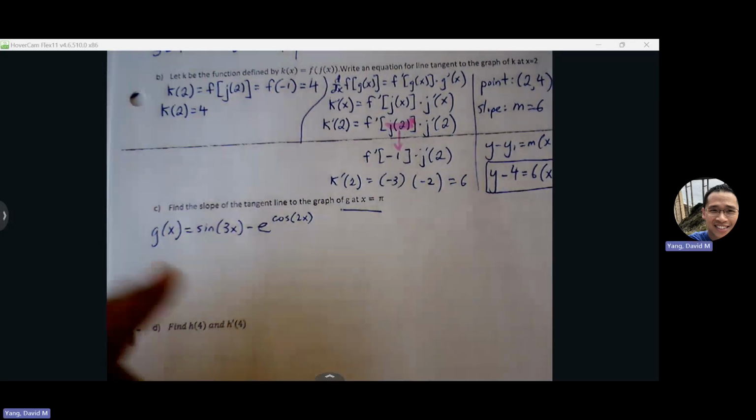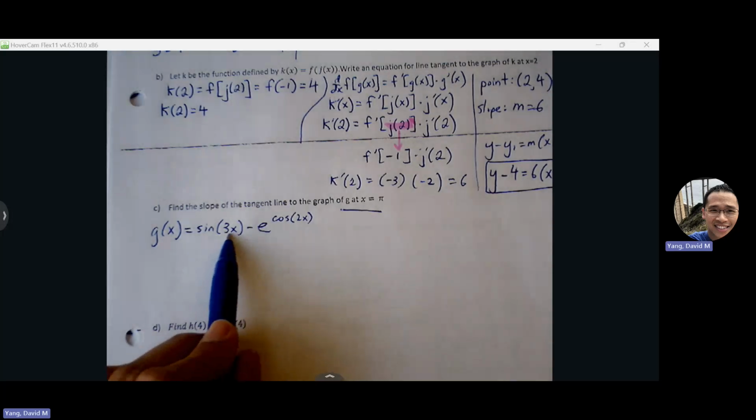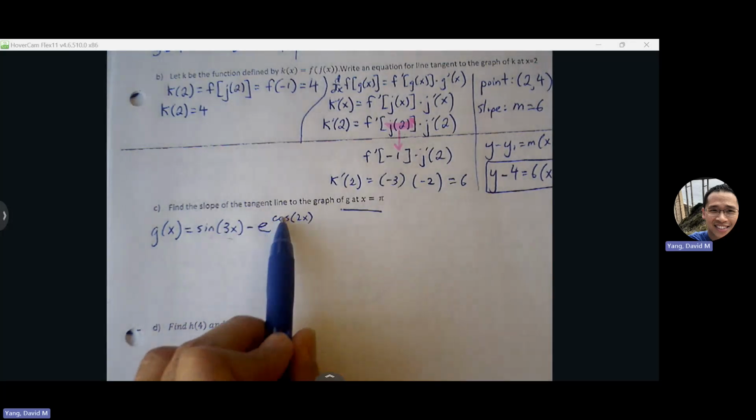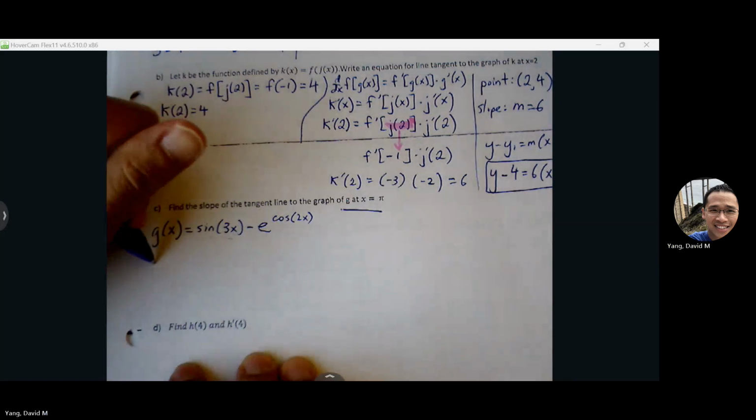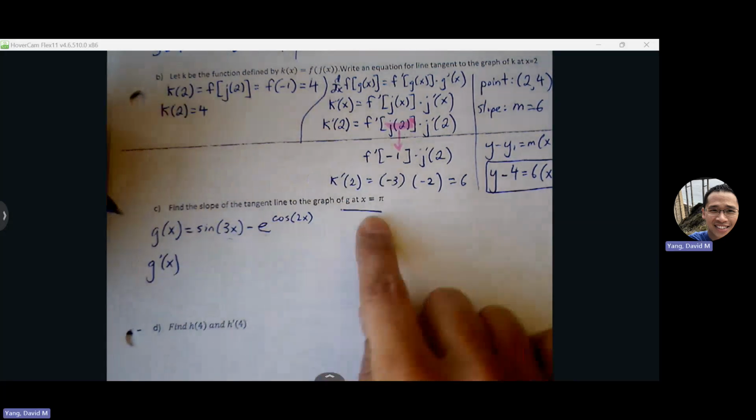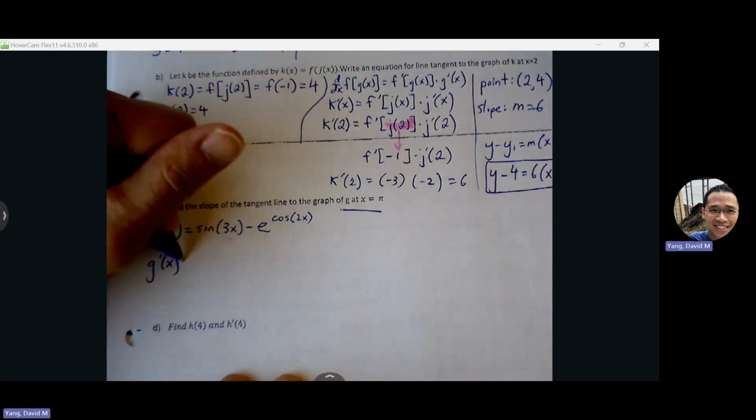So if you recall the rules, sine of u is cosine of u times u prime, and then e to the u's rule is e to the u times u prime. After you find the derivative, we can plug pi in to get the slope.